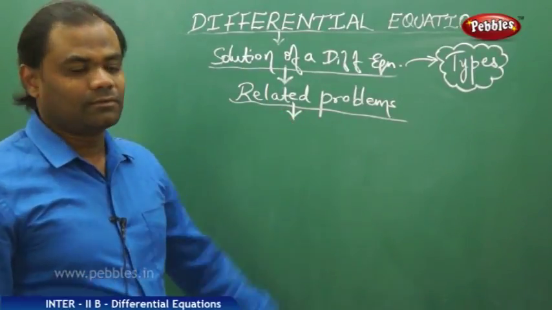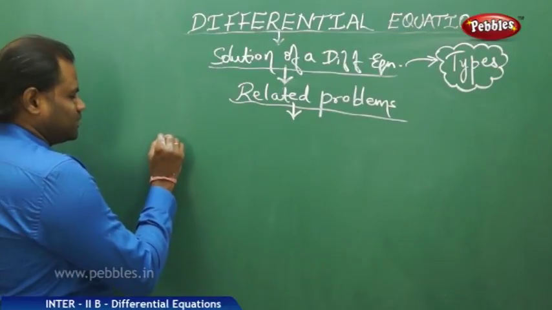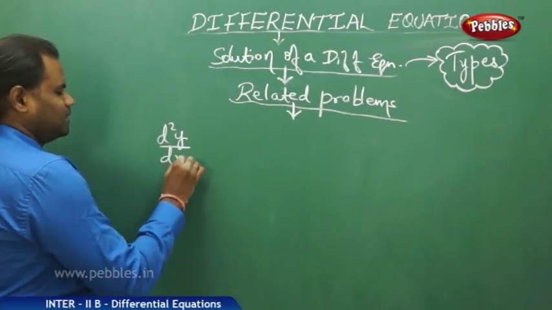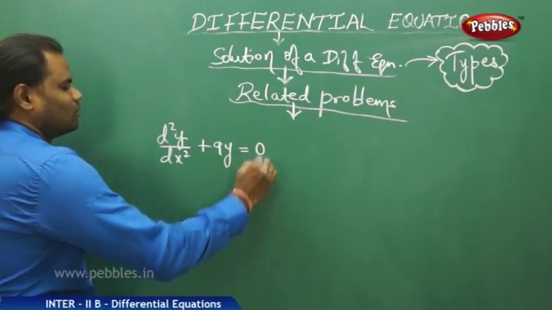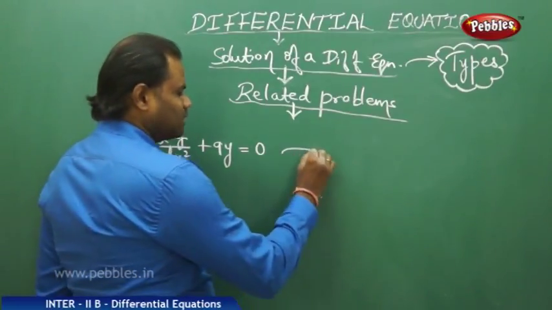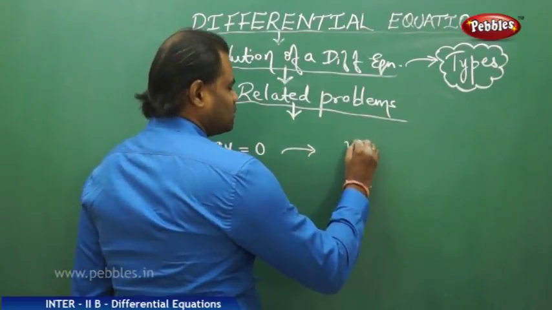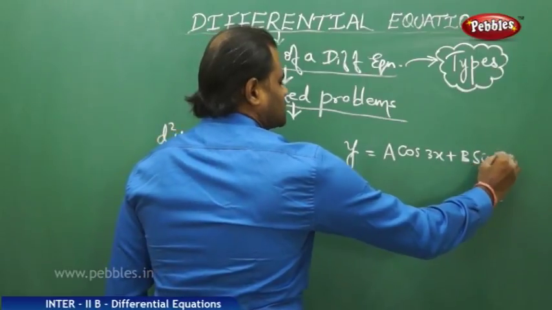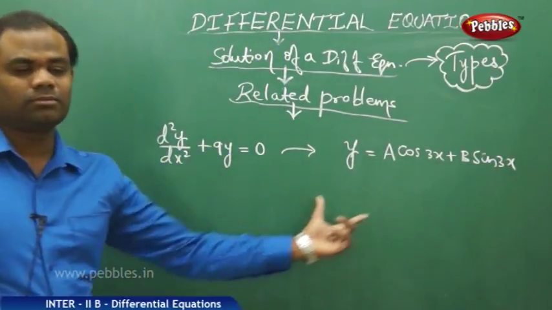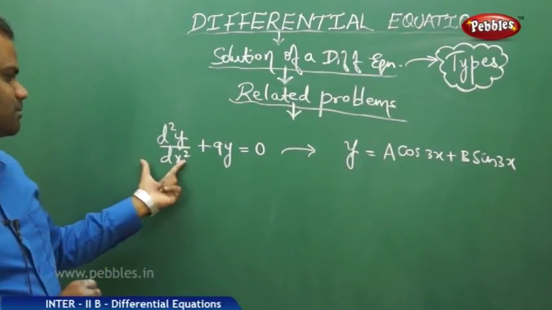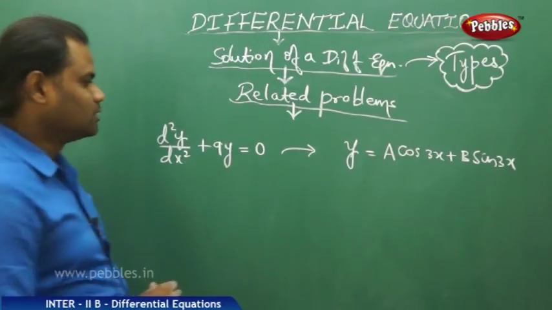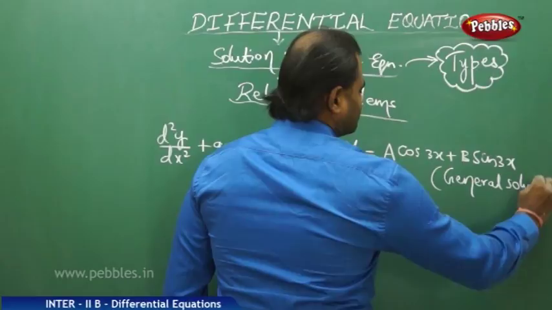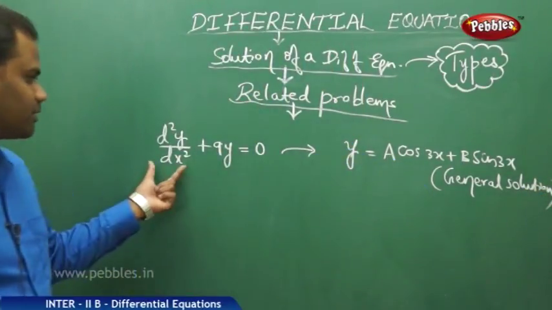So in this case, for example, as we have taken in the previous case, this differential equation of order 2 had the general solution, as we have already solved, y equals a cos 3x plus b sin 3x. This was formed by eliminating the constants a and b, and the respective differential equation was this. Therefore, this is called the general solution for the given differential equation.